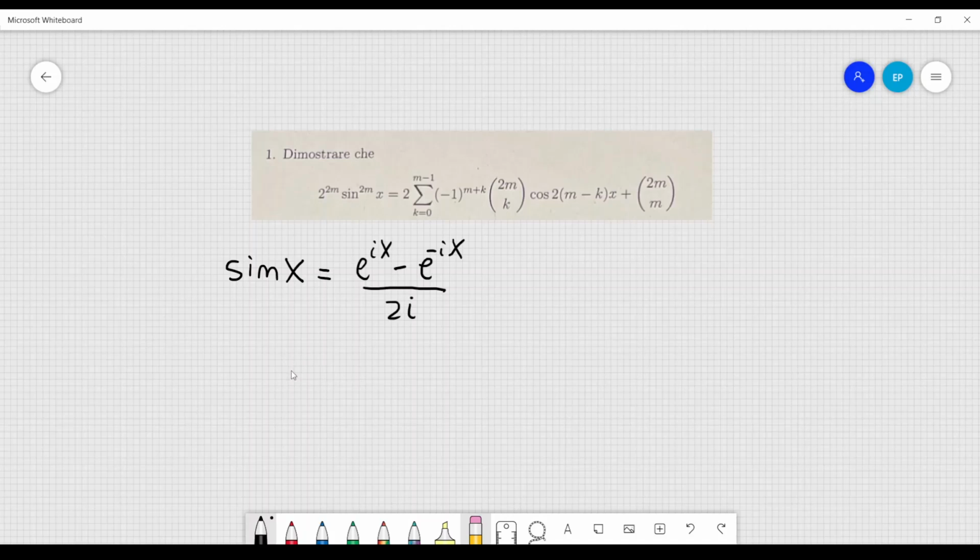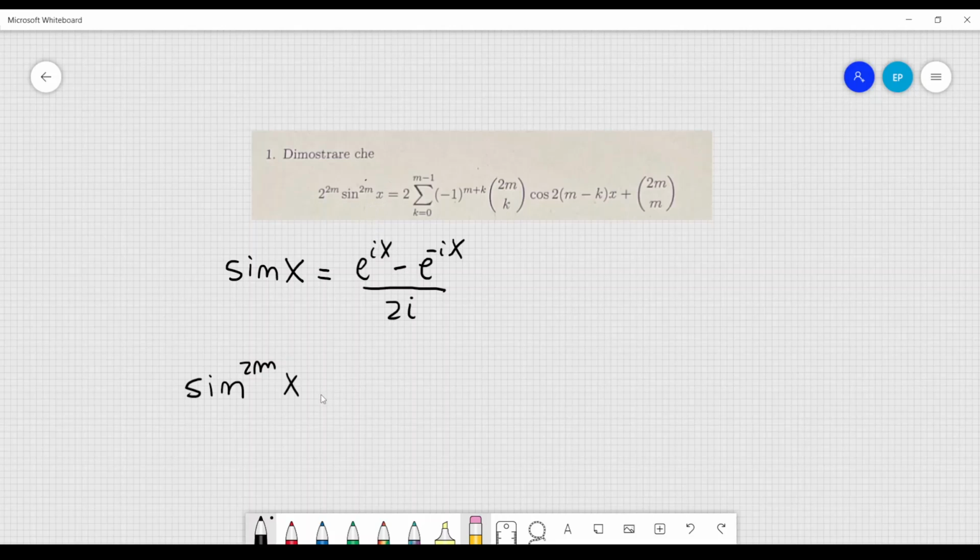But first things first. Let's start with the sine of x to the power 2m. We are starting from here, and we are going to prove that it is related to that summation there.